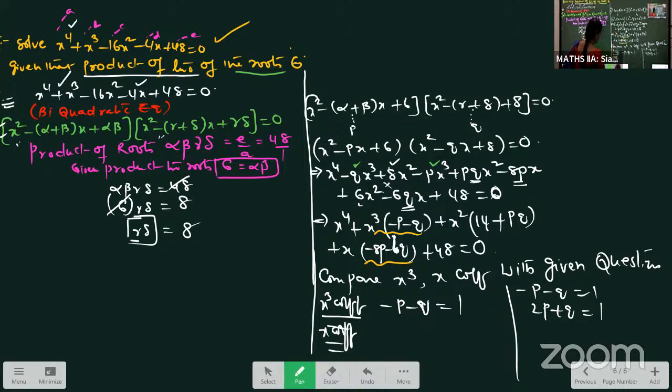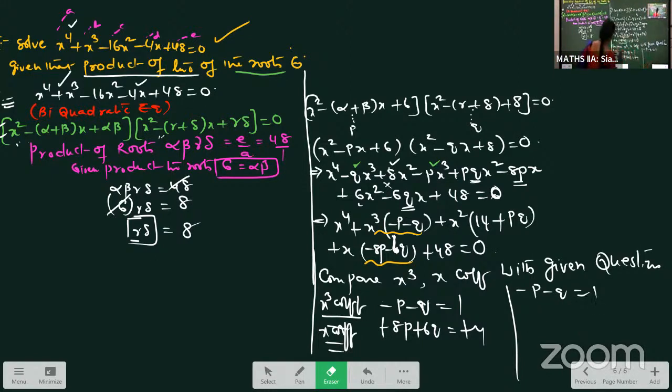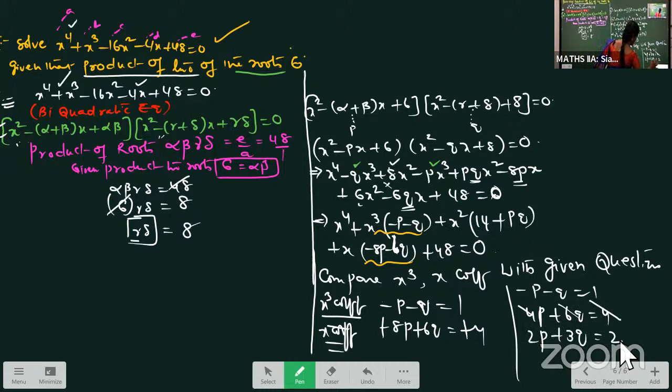I wrote 4, but it is minus 8p minus 6q is equal to minus 4. So cancel out the minus, minus, minus. Then this is 3q. Four p plus 6q is equal to 4. Now cancel out with 2, the number smaller than 4: 2 2s are, 2 3s are, and 2 2s are. So solve these two equations now.